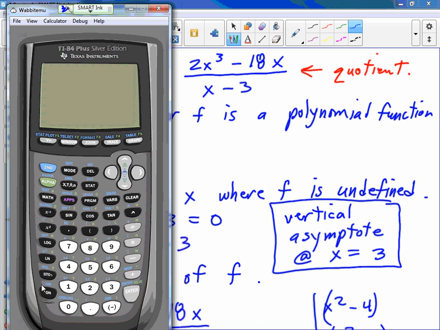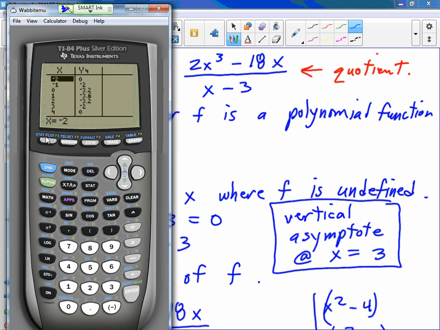So we have, oh, we don't need this one. So I'm going to turn this off. And I'm going to type this one in. And again, lots of parentheses. So we have 2x cubed.